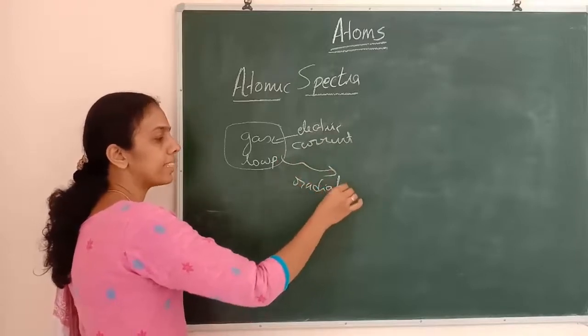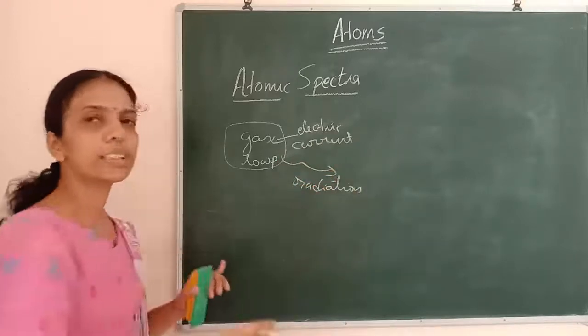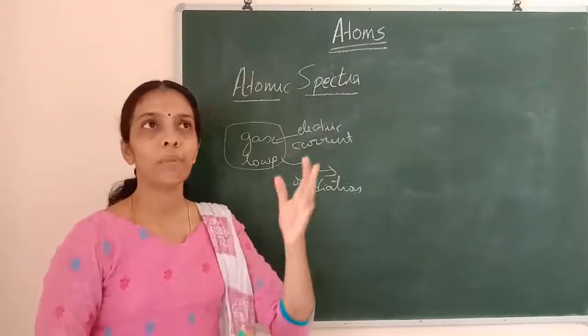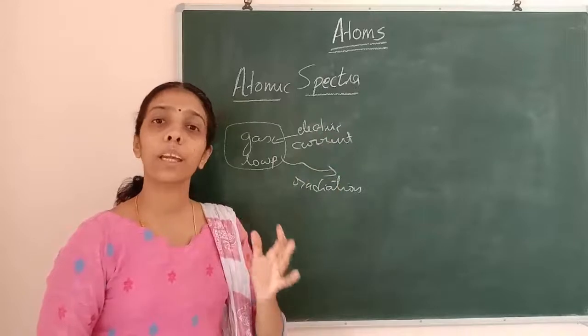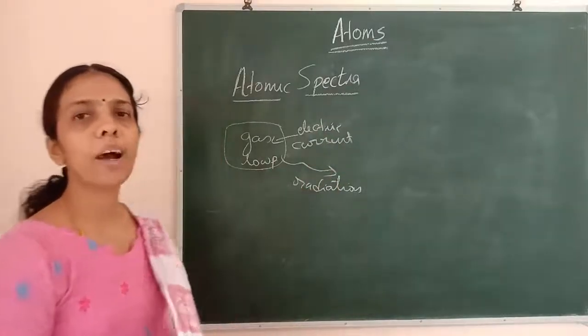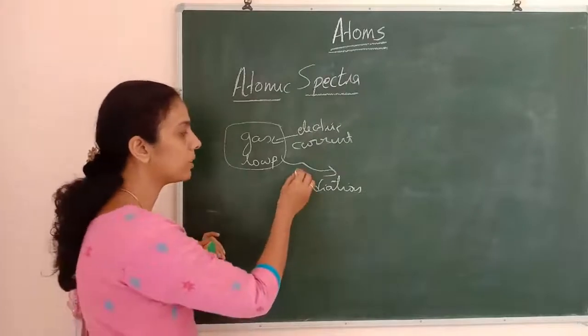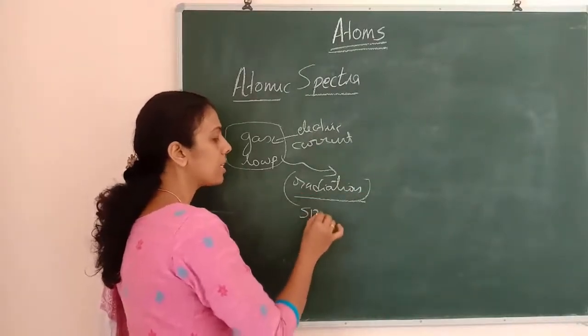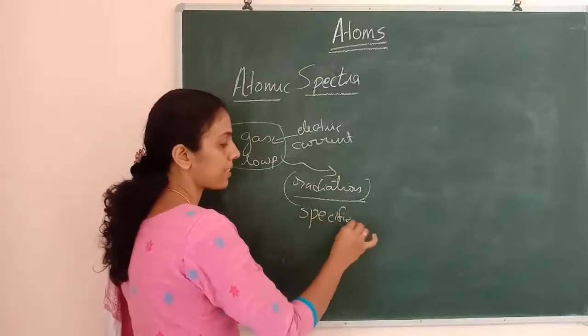If I take the spectrum of this radiation using a spectrometer, we can find the wavelengths of this electromagnetic radiation. While studying this radiation, we understood that it includes some specific wavelengths.